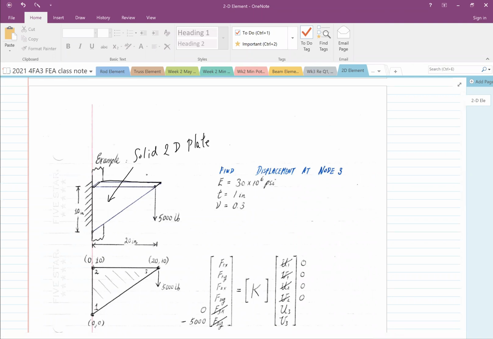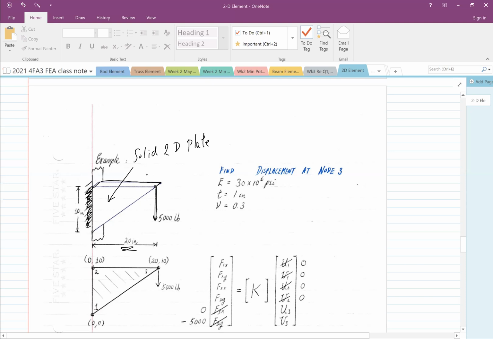That plate is totally glued or constrained along the wall. The whole side is attached to the wall, no movement at all. The height is 10 inches, and it's sticking out by 20 inches. At the tip of the corner, it has a downward force of 5,000 pounds.